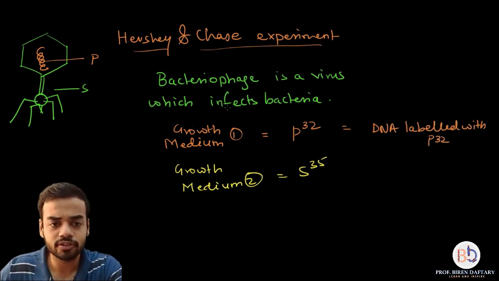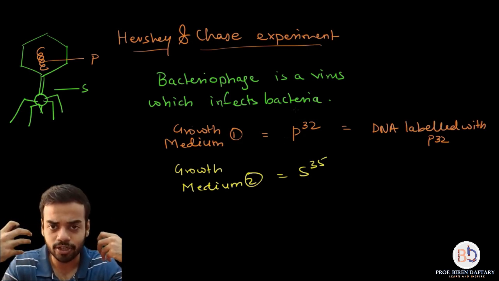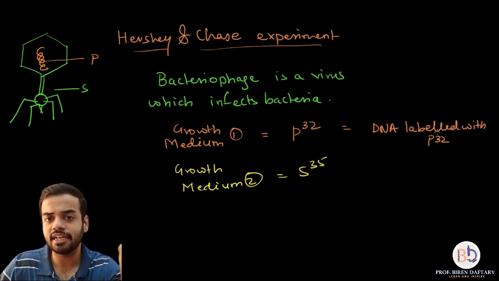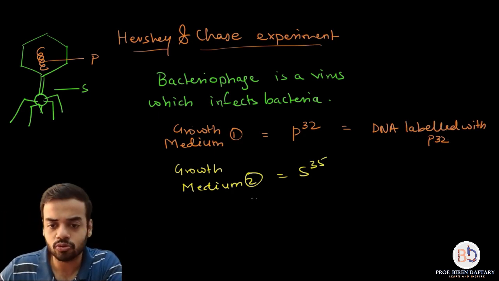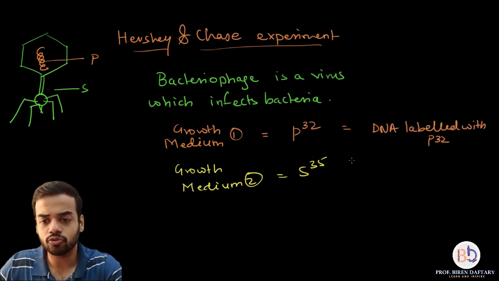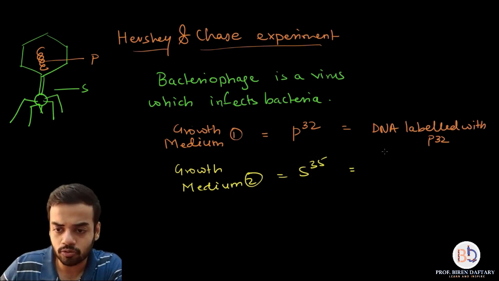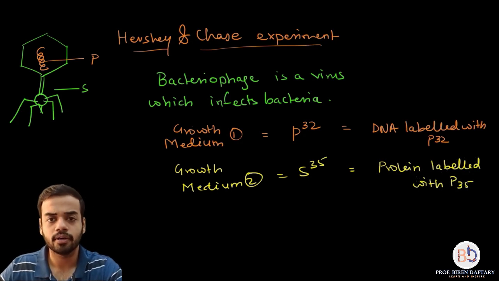When the bacteriophage was growing in this P32 medium, it took that P32 inside its body, and that P32 got deposited in the DNA. That is why I am writing DNA labeled. Labeled means it got mixed. Whereas the bacteriophage which was grown in S35, the sulfur was absorbed into the entire protein covering. So I will write down protein labeled with S35. Are you getting me?